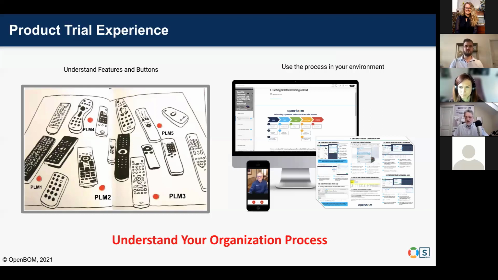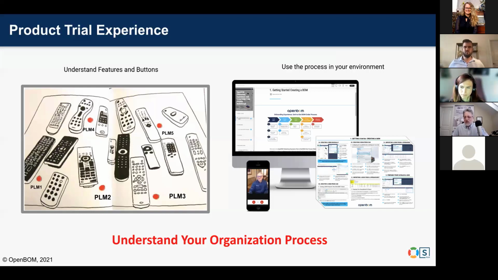Sometimes they can decide, we are not ready for OpenBOM, or we will look at something else. But again, this is part of the process which eventually leads to happier customers and better results at the end, because we're in the business of making companies efficient and customers happy.